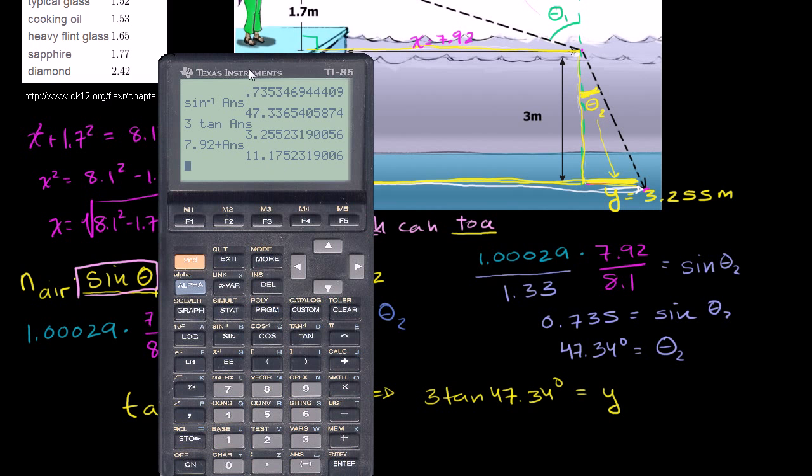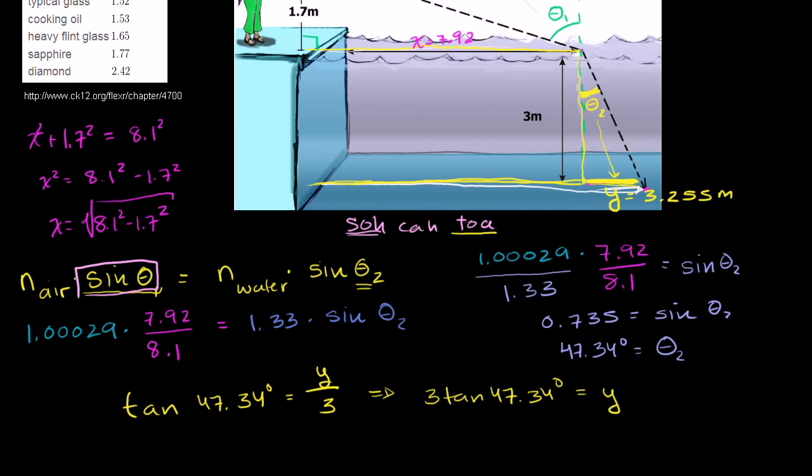I'll just say 11.18 meters. So this right here is the distance that we wanted to figure out: the point on the bottom of the pool where the laser pointer actually hits will be approximately 11.18 meters from this edge of the pool right there.